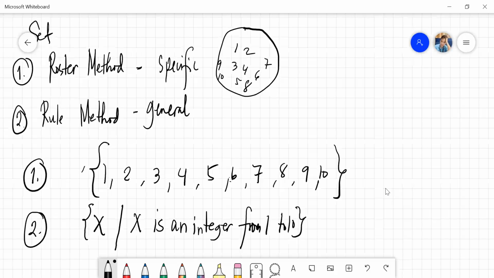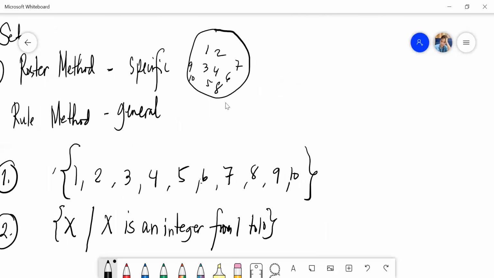Now, upon looking at this specific example of a set, if you notice, you will find the number 1 in it. So that means we can say 1 is an element of the set. Meaning to say that A is an element of a given set if A can be found in the collection of that set.